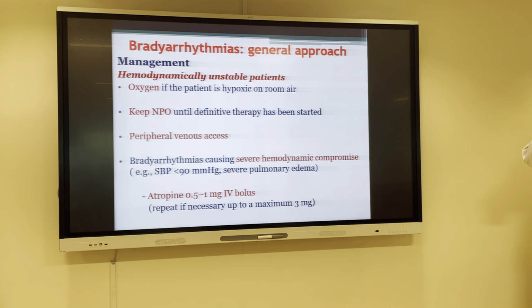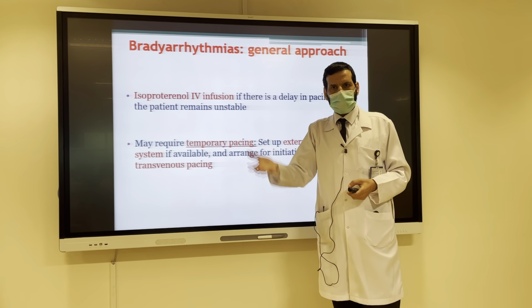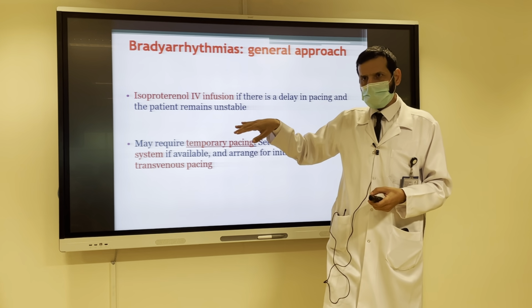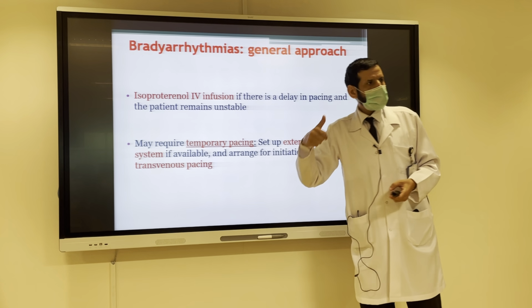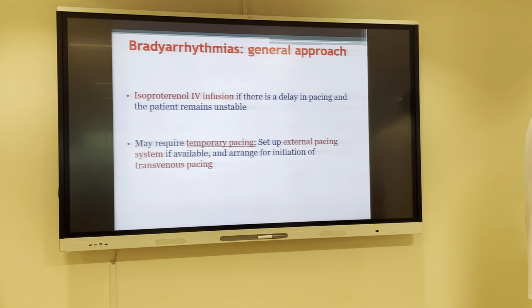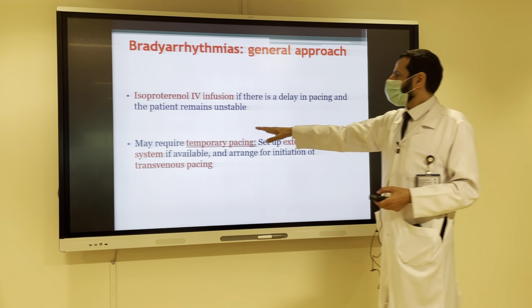It is transient. You can repeat it 2 or 3 times while you are preparing for the next step of management. The next step, you may give isoproterenol, a sympathomimetic agent that increases the heart rate, as a continuous infusion. Or you may think of giving temporary pacing. So for an emergency situation, after the ABCs, atropine is number 1. Number 2, isoproterenol or dopamine, a continuous infusion that increases the heart rate and blood pressure. Think about temporary pacing.